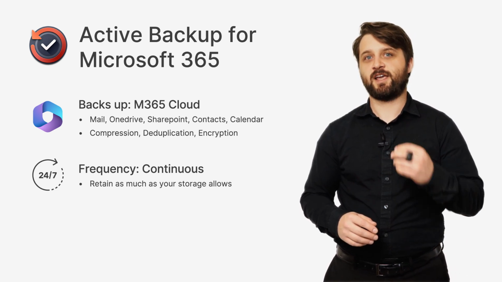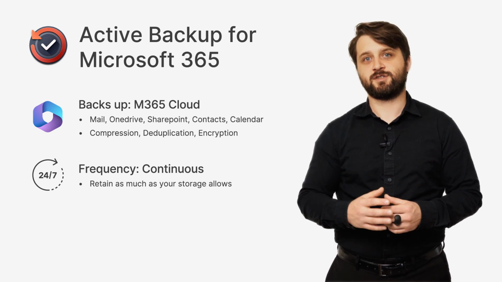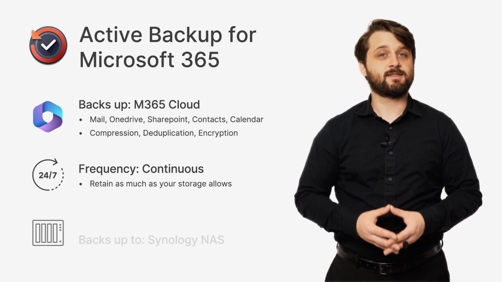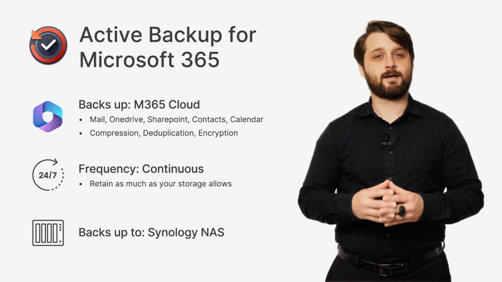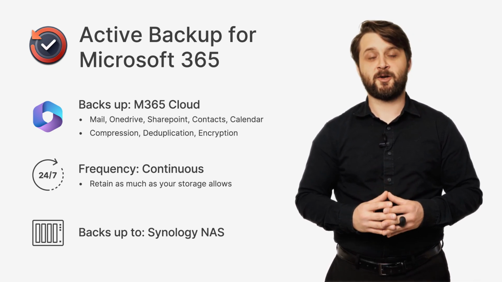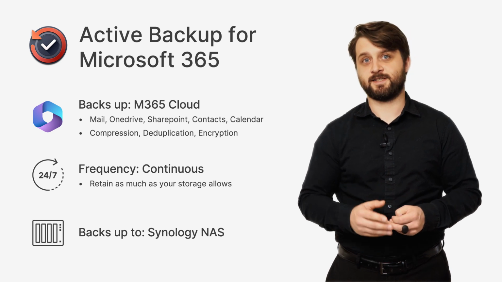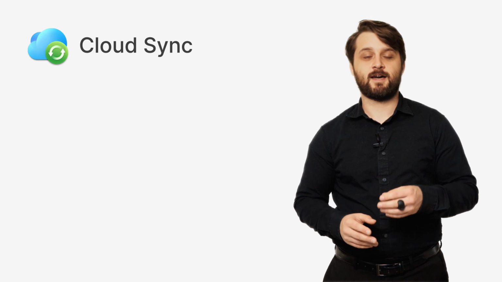So as data is changed up in your cloud, that can also be backed up whenever the NAS checks for any changes periodically. And just like with Active Backup for Google Workspace, the backup destination in this case is the Synology NAS that you have on premise, allowing you to have potentially deeper retention than you have set inside of Microsoft 365 itself.